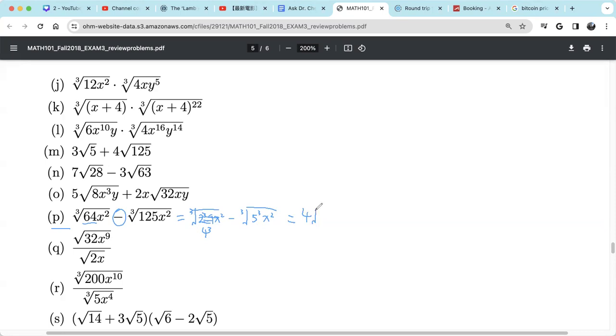So we'll have 4 cubic root of x squared minus 5 cubic root of x squared. We have like radicals, right? So 4 minus 5 times the cubic root of x squared, which gives negative 1 cubic root of x squared.